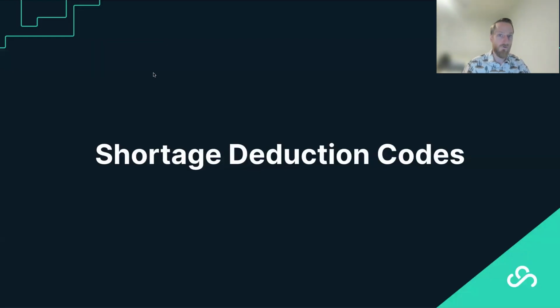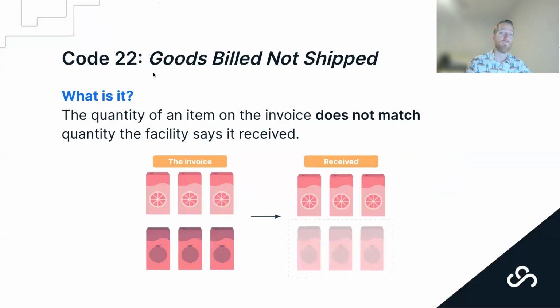All right, so we will dive a little bit deeper into the shortage deduction codes just so you understand exactly what we're referencing when we're talking about these shortage deductions. Some of you may be very familiar with these, but we'll hit some of the most common ones. So code 22 is a Walmart accounts payable shortage deduction. It's described as goods billed, not shipped.